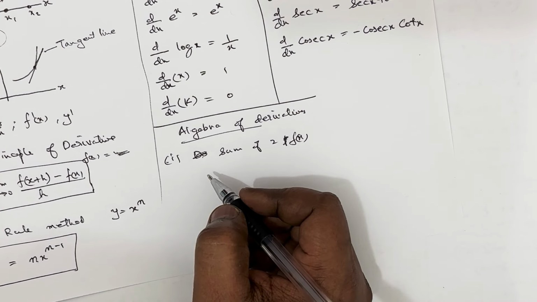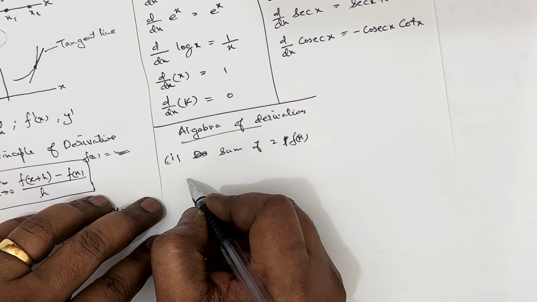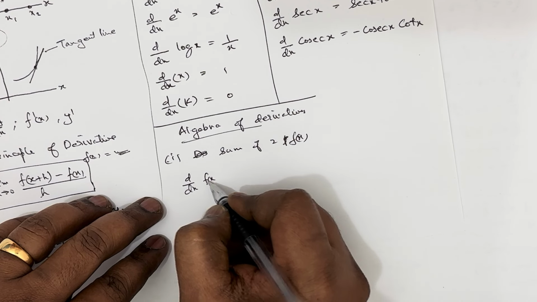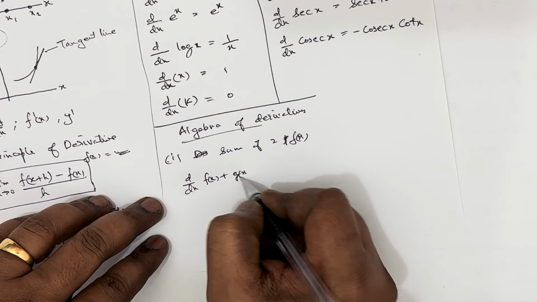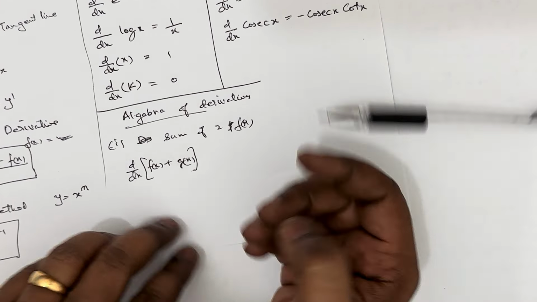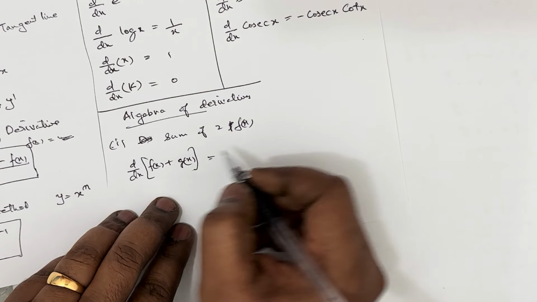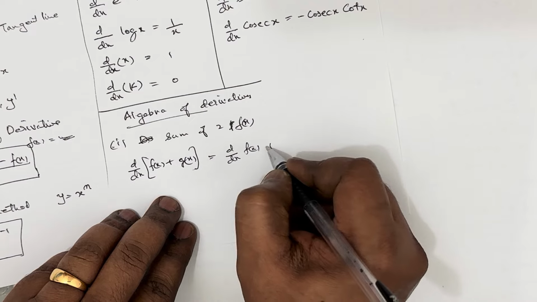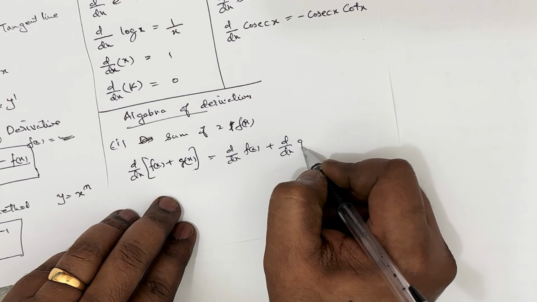That will be, if d by dx of two functions, say f of x plus g of x, then the derivative can be split between these two: d by dx of f of x plus d by dx of g of x.